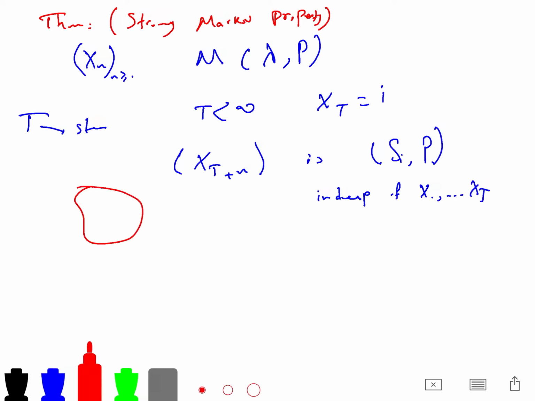It's like you go x1, x2, x3, and suddenly xT, you kill the process, stop the chain.